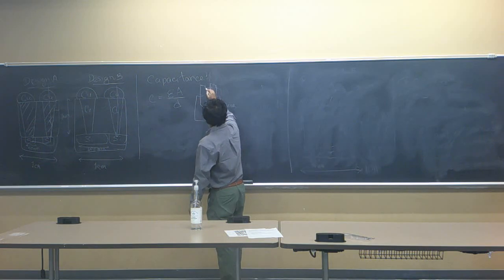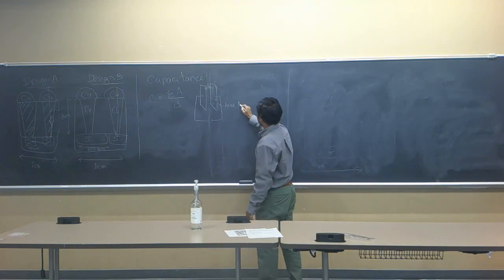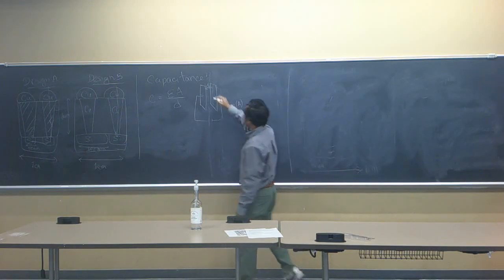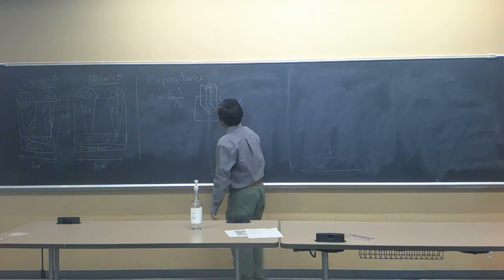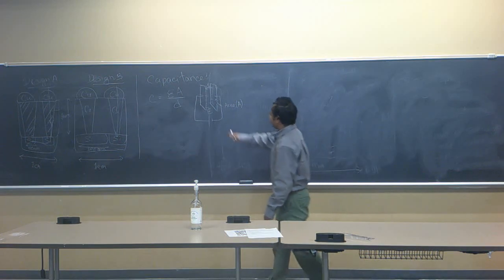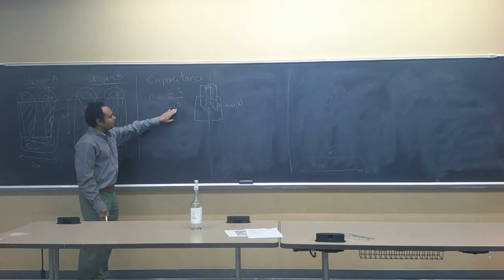The distance between the plates is D, the area of the plate is A, and the medium between the metallic plates has permittivity epsilon. Then the capacitance of the parallel plate structure is defined as epsilon A over D.